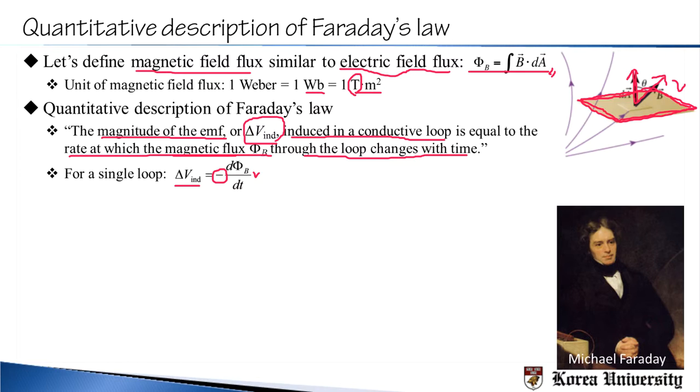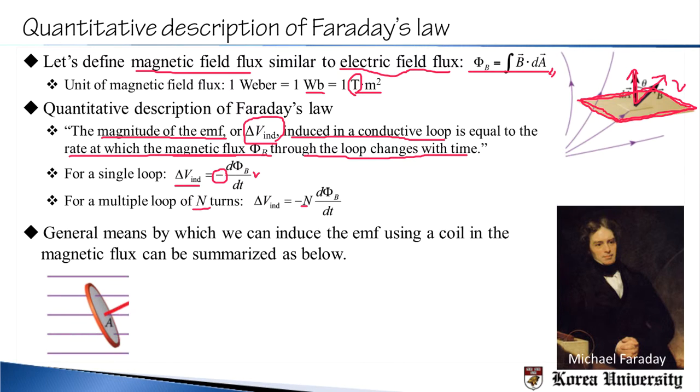So therefore, the total induced EMF will be proportional to the number of turns. If you have N turns in your loop or coil, then you have to multiply N to the induced EMF, which means that with a larger number of turns, you will have a larger induced EMF.